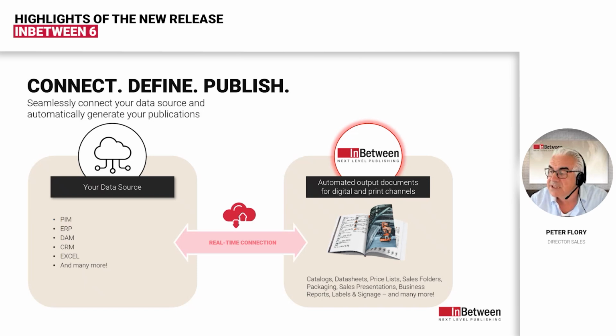We provide a REST API for SIs to push data to InBetween, so that as a partner that might be interesting. So whenever you're orchestrating a whole number of marketing solutions, you can orchestrate InBetween as part of that and push data through the REST API.